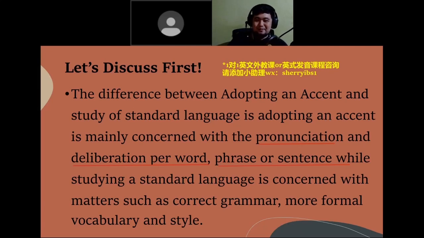Okay, so what familiar words shall I give as examples? For example, there are words such as water. In British accent, it's water. In American, it's water.